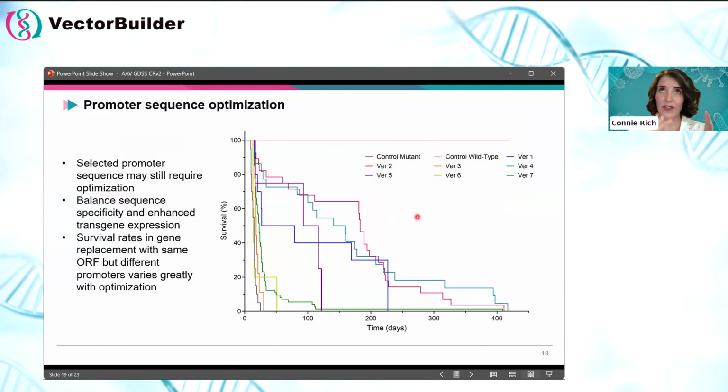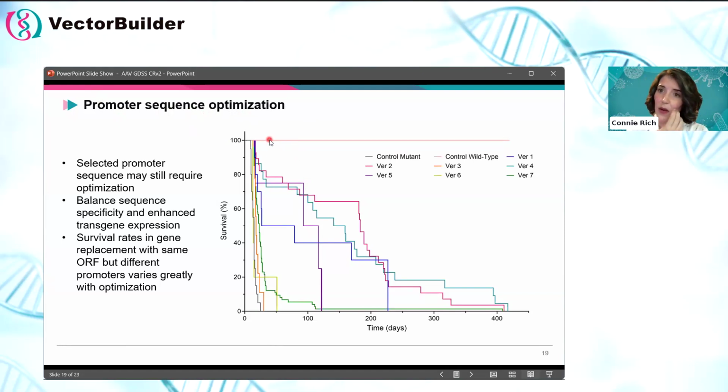So after you select that promoter, especially for things like specificity, the job isn't necessarily done. I do want to emphasize that it's important to not really stop there, because beyond just selection, there is a huge amount of potential for promoter sequence optimization.